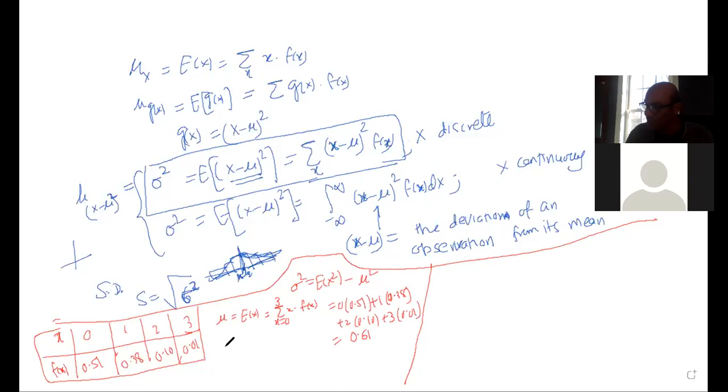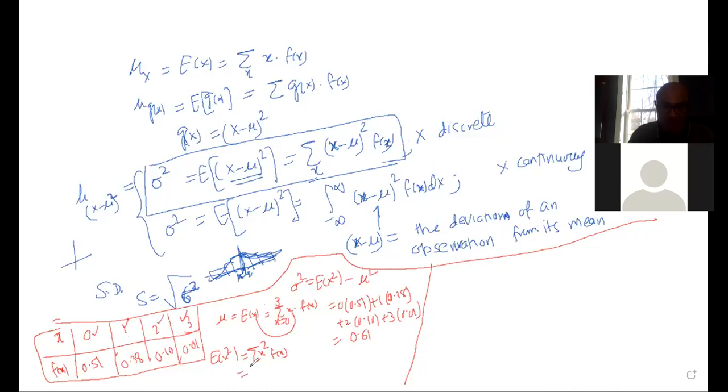Now I would like to find my E of x square. Here, inside the summation sign, I will have x square times f(x). That means I have to square all my x numbers.